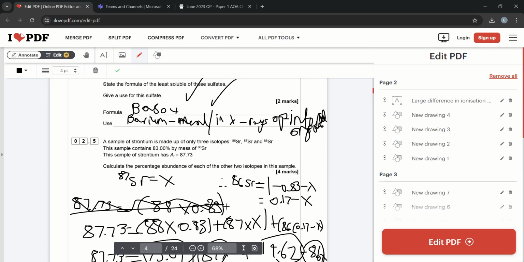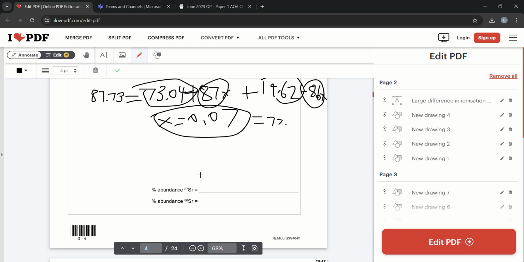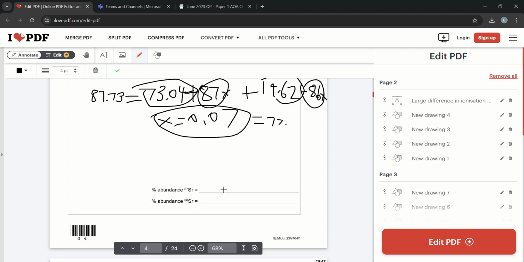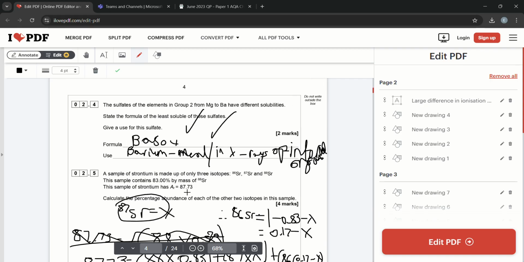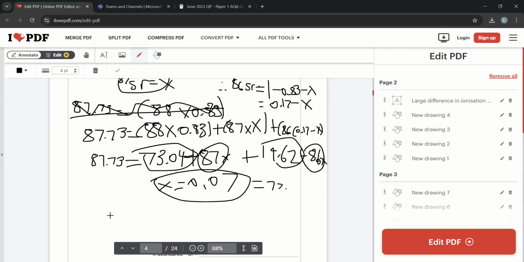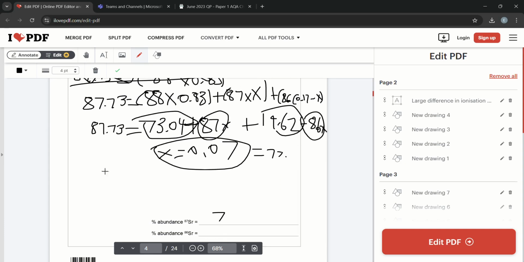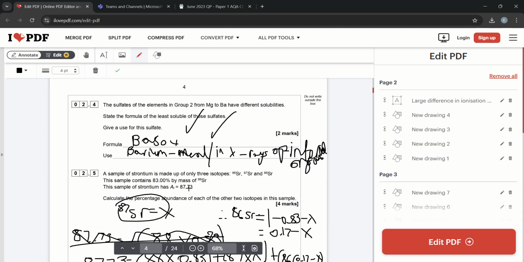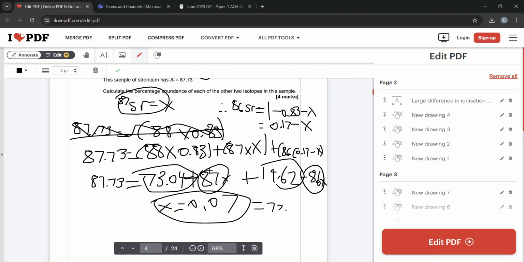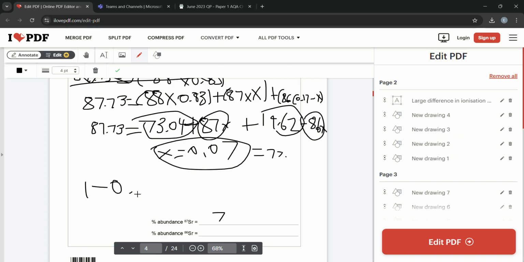And we want the percentage abundance of each of the other two isotopes in the sample. Well, we know 87Sr is x, so 87Sr is going to be 7%. And 86Sr, because we know the total must add up to 100, we've got 83% of 88Sr and 7% of 87Sr, so it's 1 minus 0.83 minus 0.07.